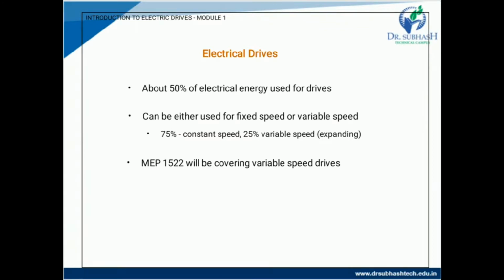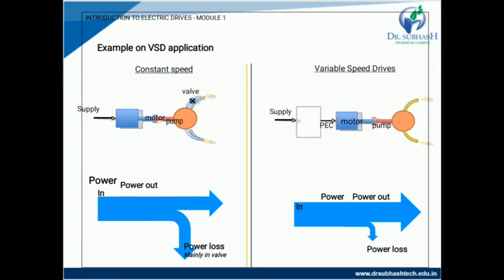Variable speed and constant speed have different types of applications. As an example, consider variable speed drive applications versus constant speed. In constant speed, the supply is given directly to the motor, and the motor drives the pump and valve.